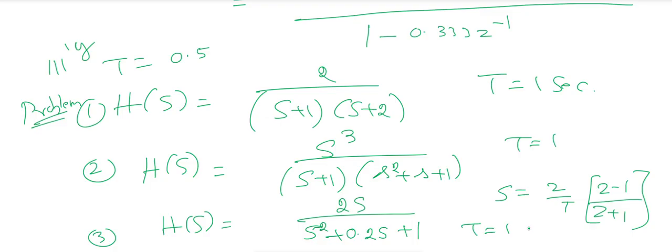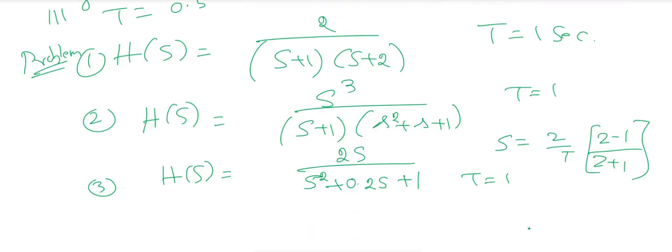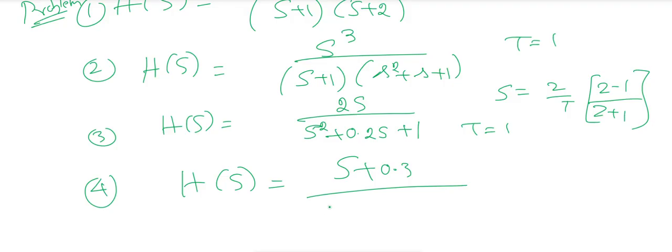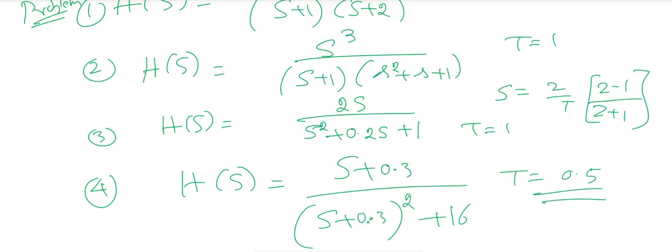And one more problem, the fourth one, H of S is equal to S plus 0.3 divided by S plus 0.3 the whole square plus 16. Take t is equal to 0.5. If t is not given, you take t as 1.